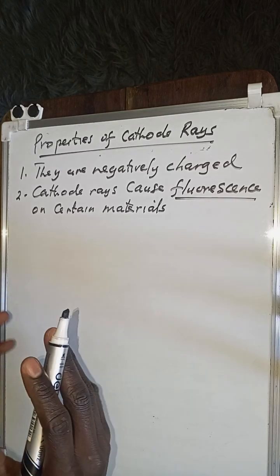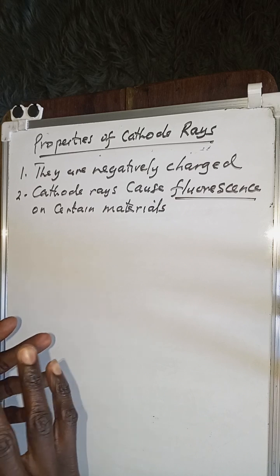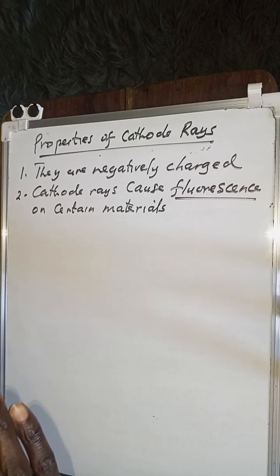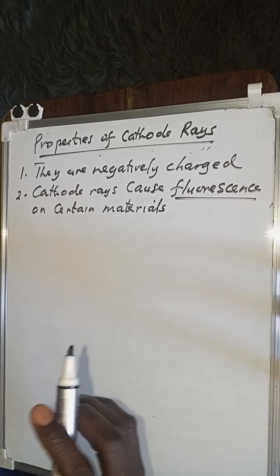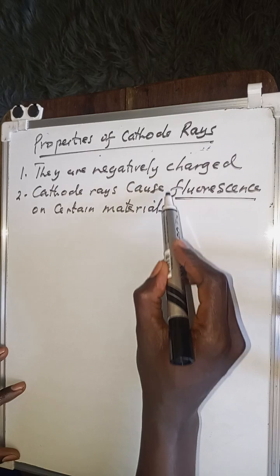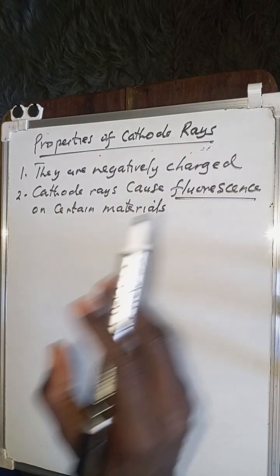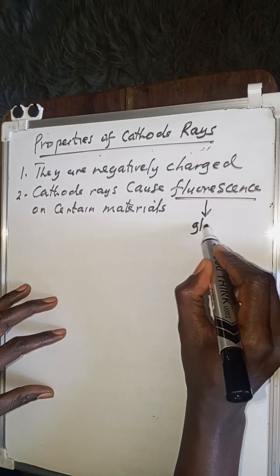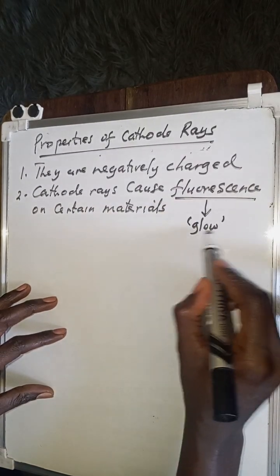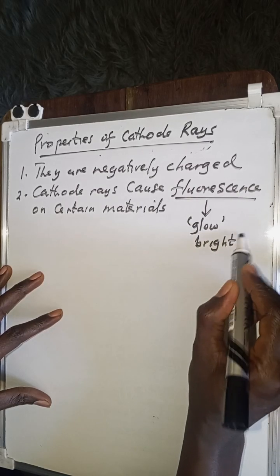Well, once the cathode rays are produced by an electron gun, they are going to be accelerated by the anode. But when they fall on a fluorescent material, it simply means they are able to glow. In other words, they are able to produce a bright light.